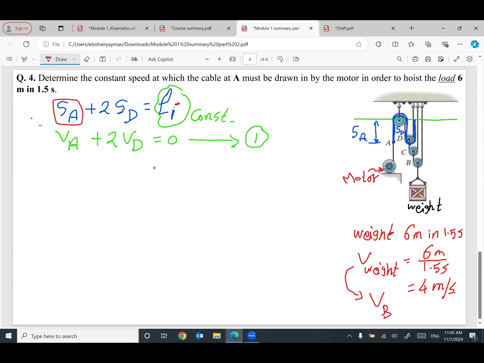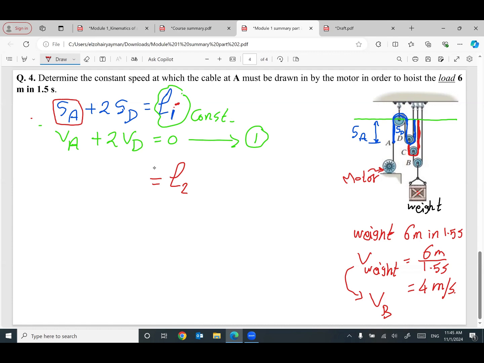If you look to the red cable, we have this red cable. This red cable is hanging from D to C, then to the reference. So what is the length of this cable? I will label it L2. So anybody can tell me what is the length of this cable?